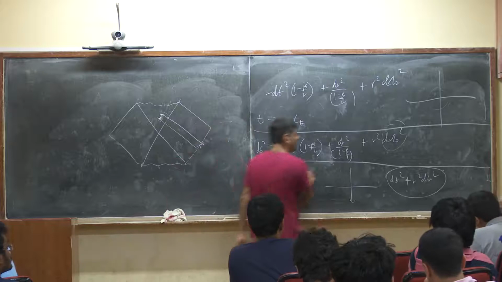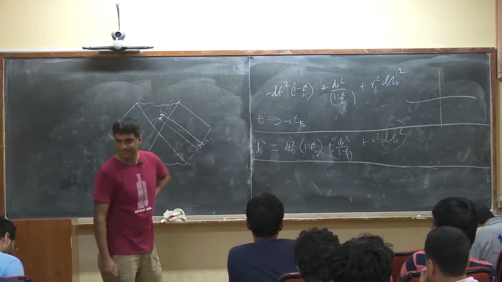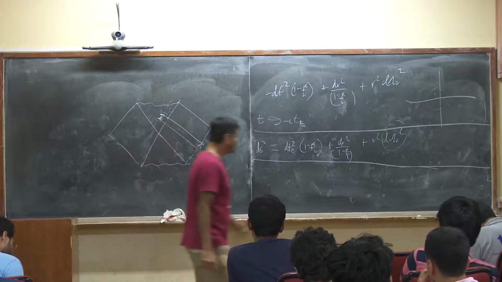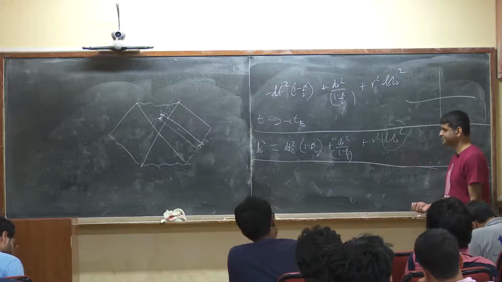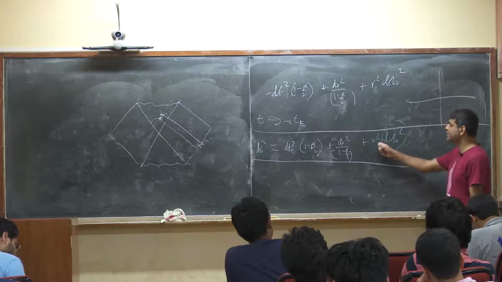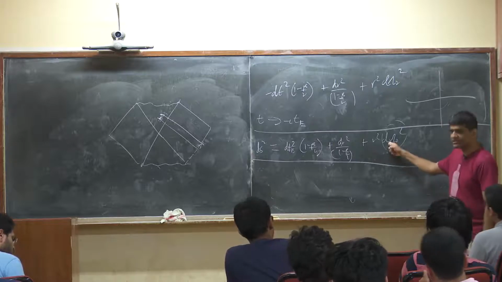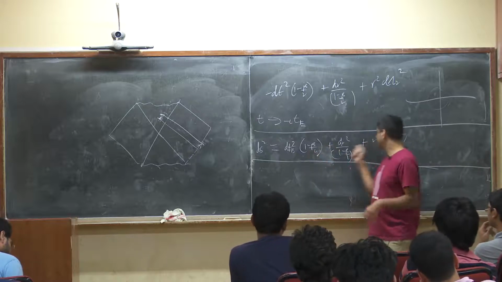Now let's go back to this metric. In this metric, we've got a 4-dimensional manifold, but two of the dimensions are playing essentially no role because they're a sphere, and that sphere has a fixed size.